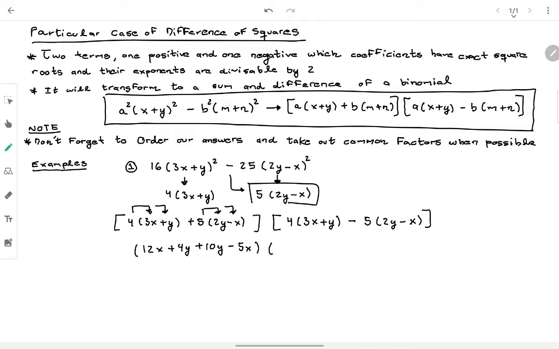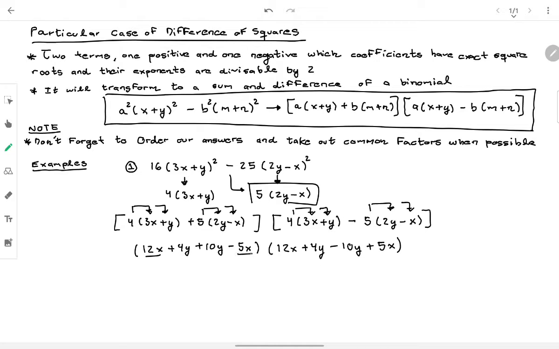And in the other parenthesis, I will get 12x plus 4y, that is the multiplication of those, and also I will get minus 10y plus 5x.